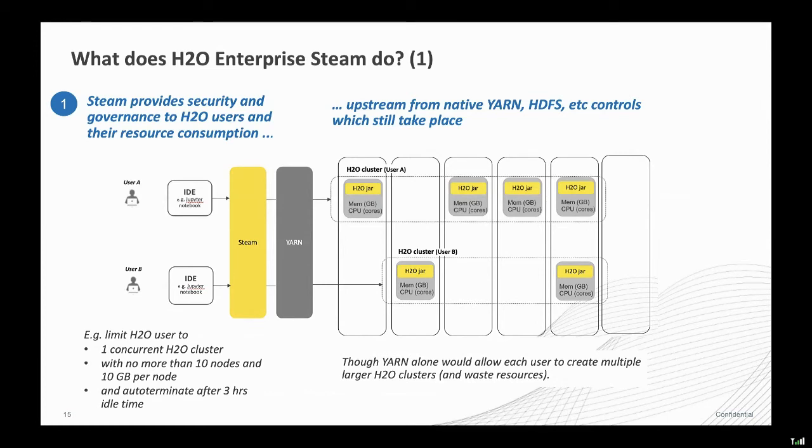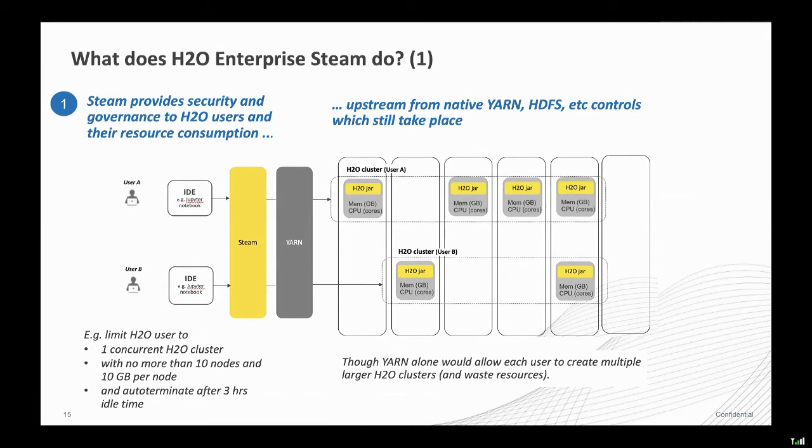But one fundamental principle for implementing H2O open source is to use Steam. I'm going to talk about three high-level reasons to do that, and then run you through a demo just to make it a little bit more concrete. As I said, Steam provides security and governance to H2O users and their resource consumption.